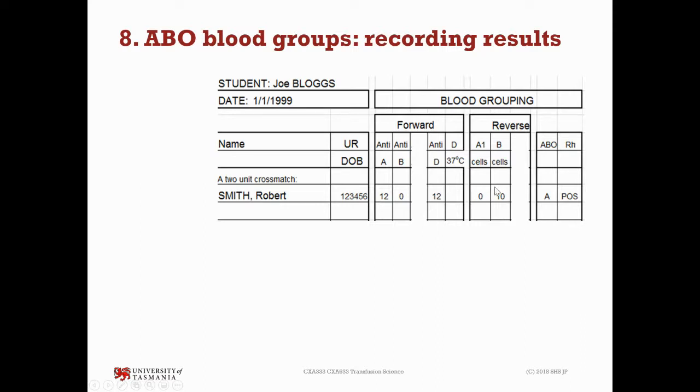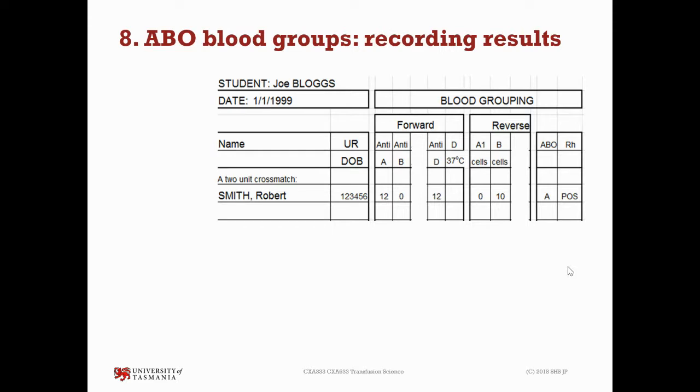And we get the reverse reaction that we would expect. See that? Because the A antigen is present on the red cells, there is no anti-A in the plasma. Because there is no B antigen on the red cells, there is anti-B in the plasma, which is reacting with the B cells. So we can be fairly certain that Robert Smith is group A RhD positive, and that's how we write it on the form.